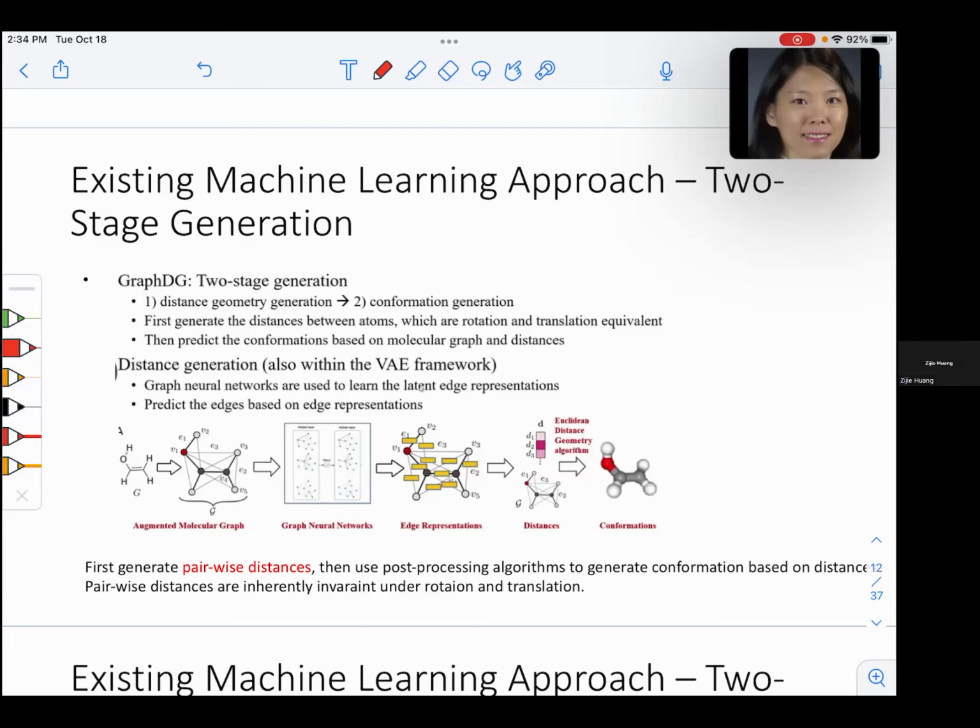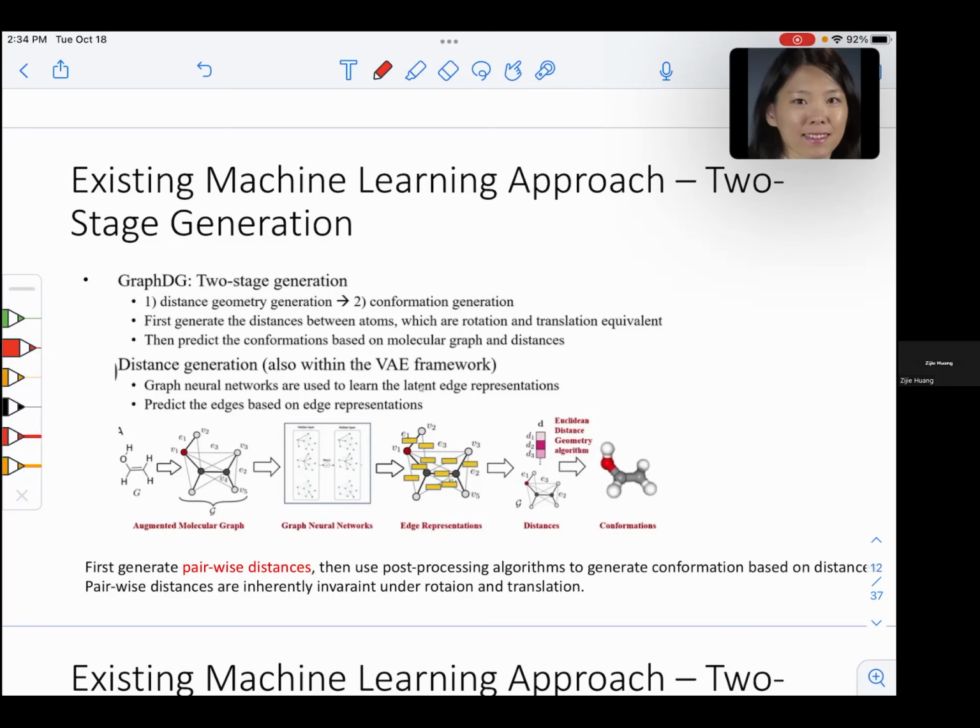Yeah, I think the general idea for this two-stage generation is that the reason they pick this intermediate variable, the pairwise distances, is because these pairwise distances are invariant under rotation and translation of the input, because distance is just a subtraction of two items' coordinates, right? So it's naturally invariant under rotation and translation.